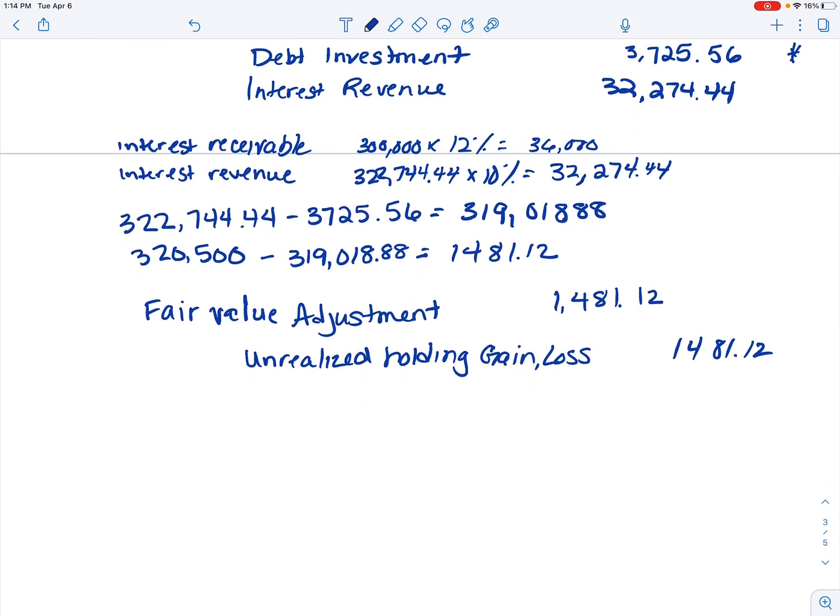So we're going to start off with our fair value. So this is part C. And again, we're multiplying that by the yield to figure out the interest revenue.